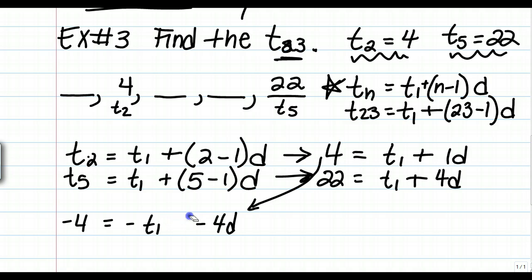I'll just make it a -4, minus 1d. So I just changed the signs. And on the bottom, I'll keep this one the same.